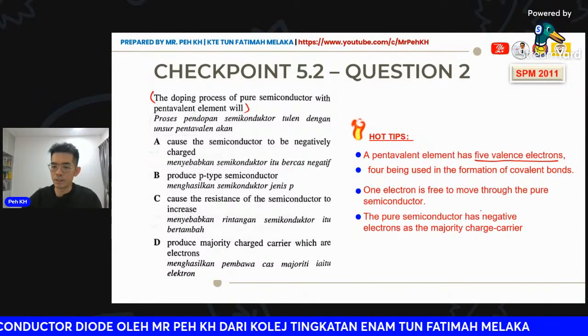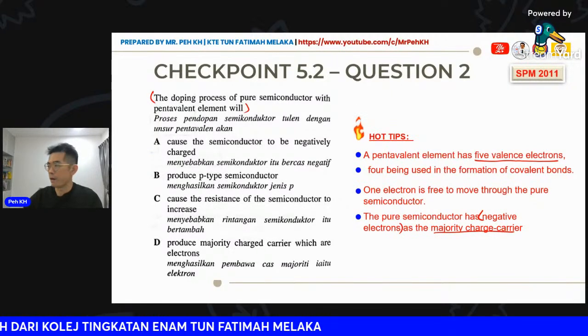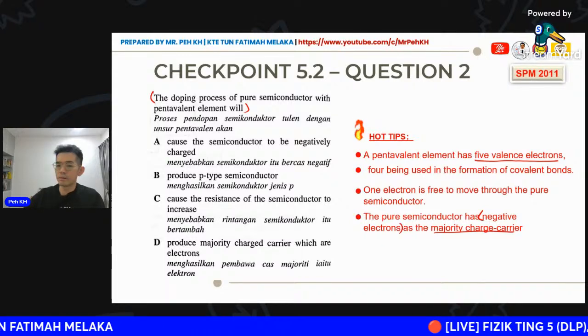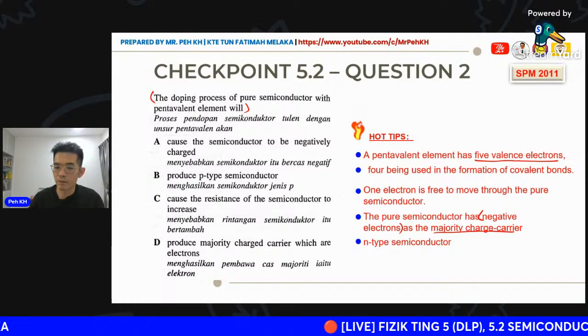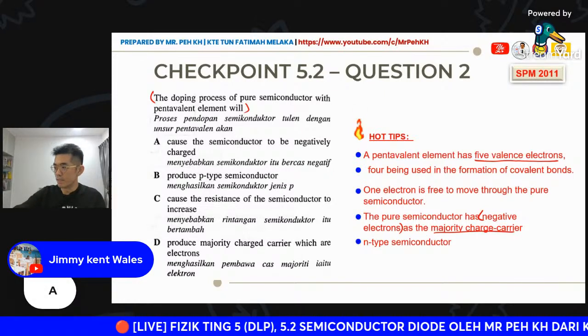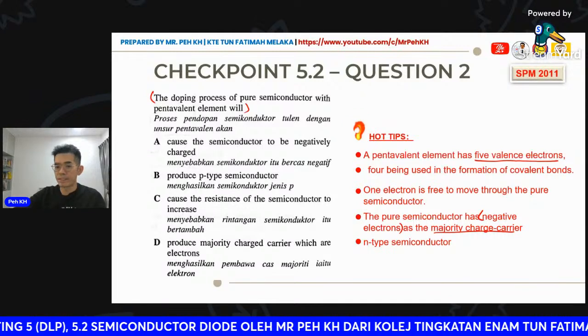So here the negative electron will be the majority carrier, and it will form the N type of semiconductor. Okay, so answer from Jimmy is A. Is it A, Jimmy? So we must choose the best answer here.